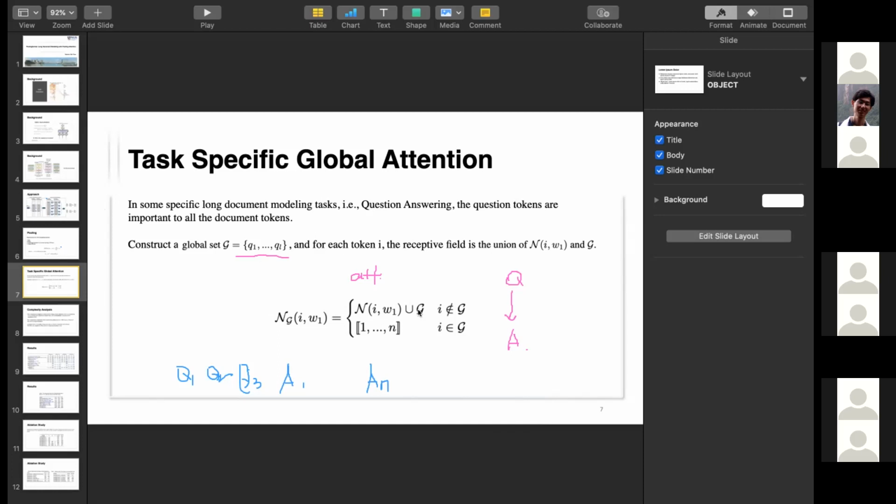So your point is that it will add some additional links if the token is in the answer, right? Yeah. So for example, if I rewrite it, it means that if I is in the answer, you will have the additional links, and then if it is in the question, it will attend to all the tokens.